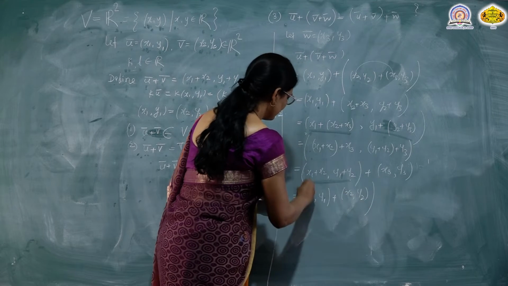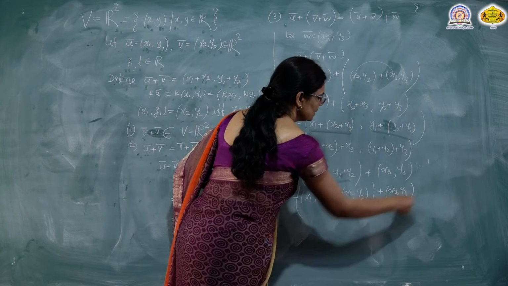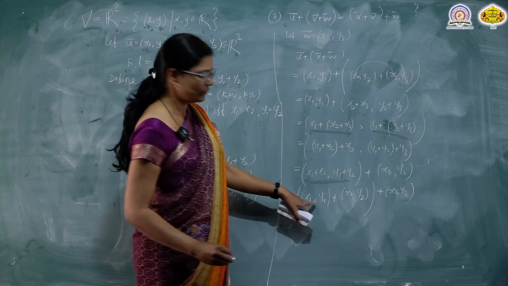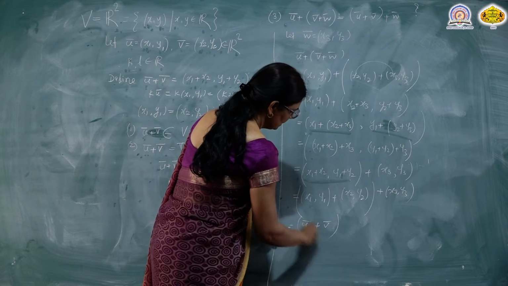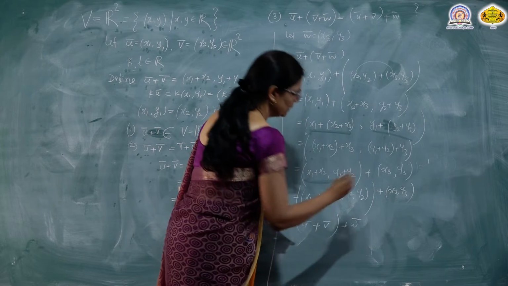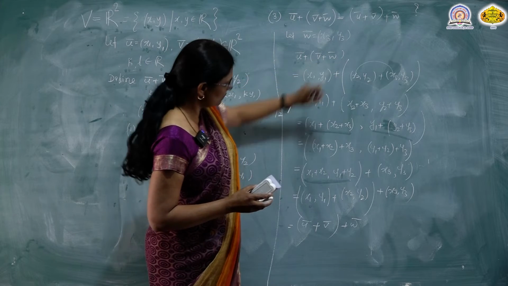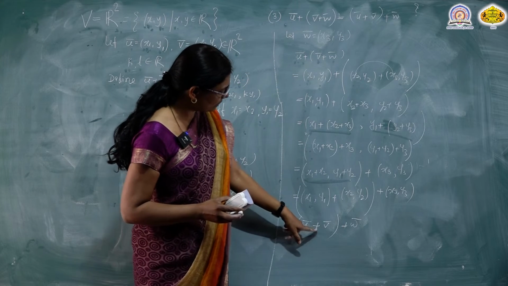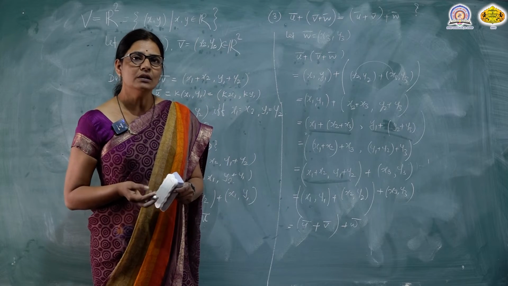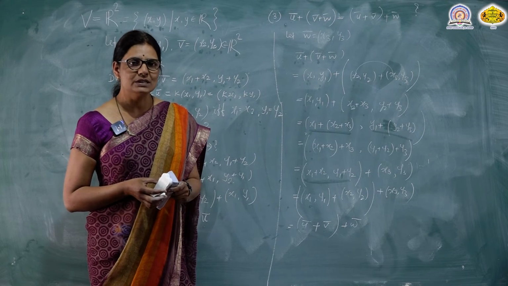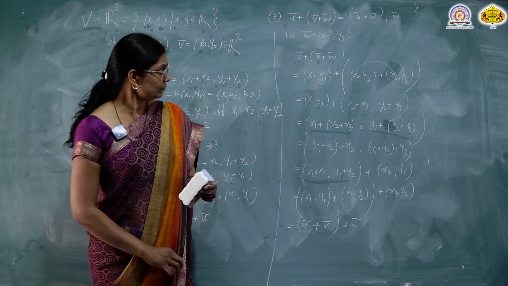Write this in one bracket and keep the third vector x3 y3 as it is. So this is U bar, this is V bar and this is W bar. So U bar plus V bar in one bracket plus W bar. So the vector addition in R2 is also associative.